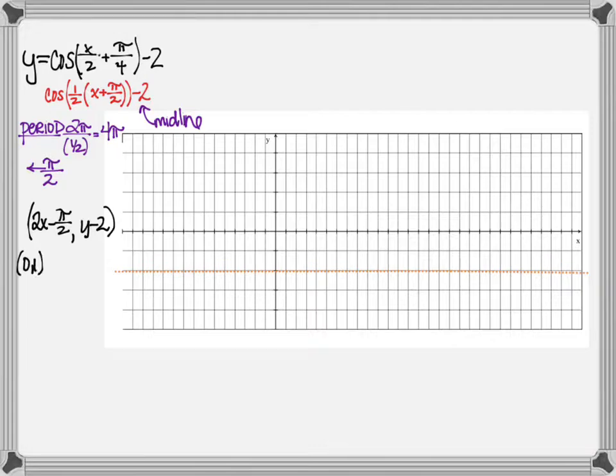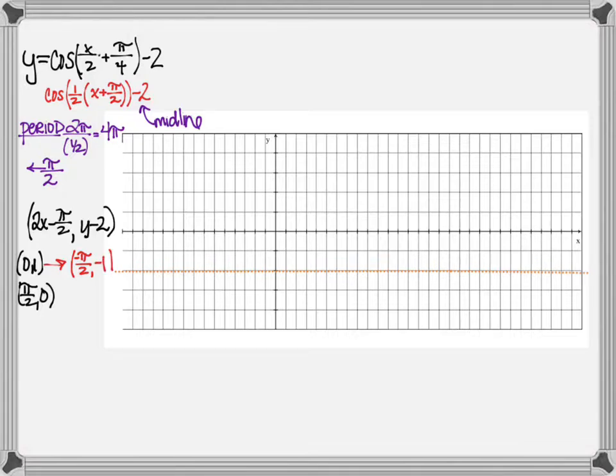So thinking of our original cosine key points, I'm starting at that max of 0, 1, and then going to the midline, which was pi over 2, 0, and applying all of these changes. So this point's going to go to negative pi over 2, and 1 will go to -1.